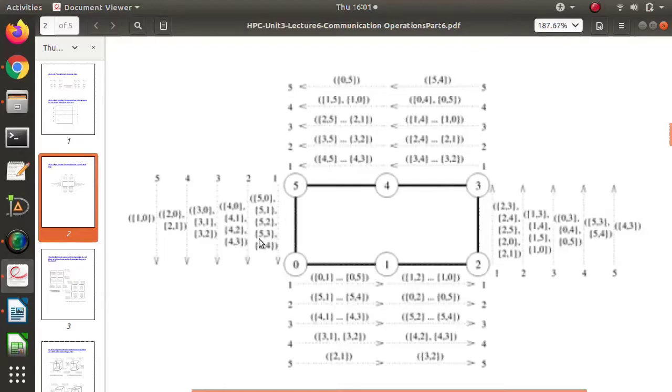Because for those messages 5 was the destination. So 5 will keep them with itself only, and the remaining messages it will forward. So see, again one message is getting dropped, because in previous step it got 20, 21, 25. So 25 it will keep with itself, and the remaining messages will forward.